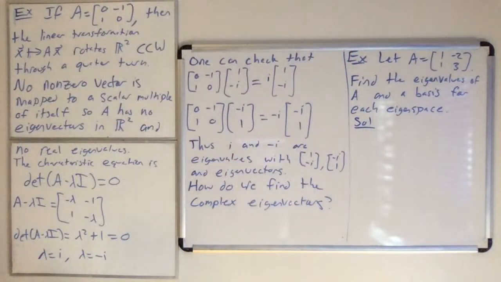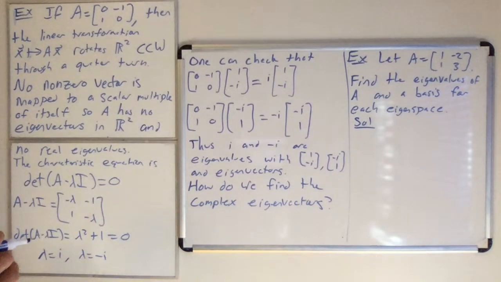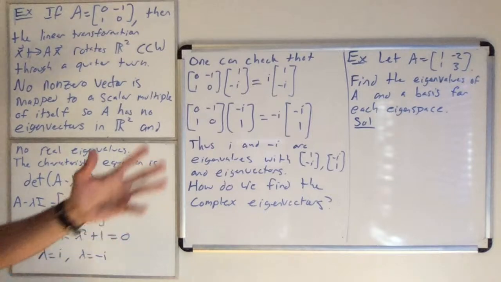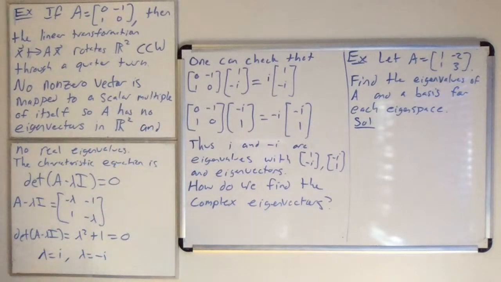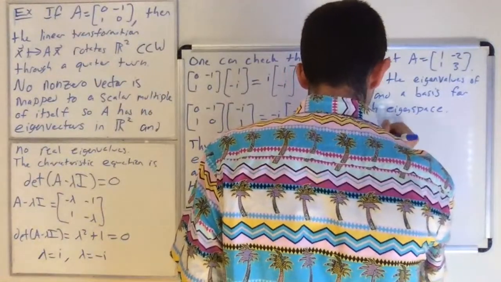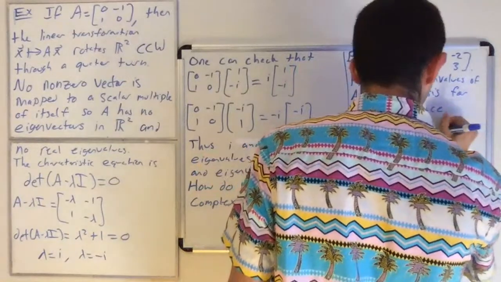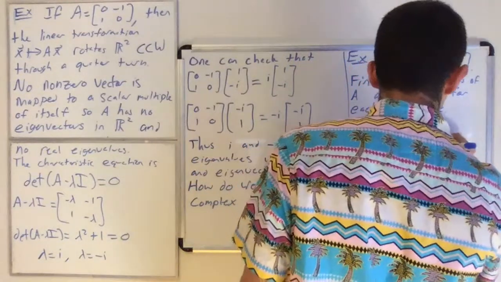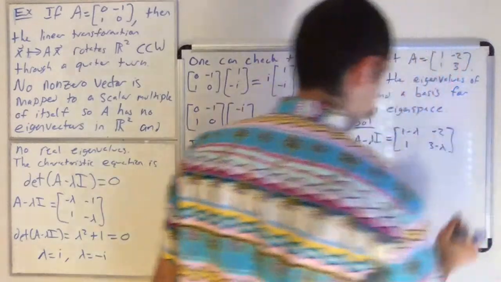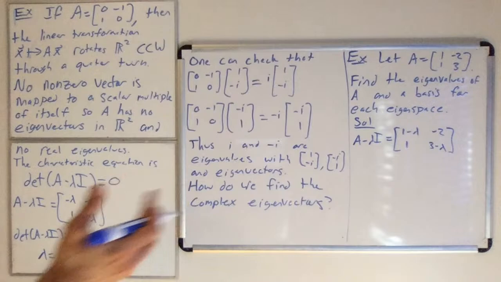Yeah, so we want to find A minus lambda I. For all these eigenvector type questions, if you're not given the eigenvalues, the way you find them is using the determinant of A minus lambda I. And now let's find its determinant and set it equal to 0.